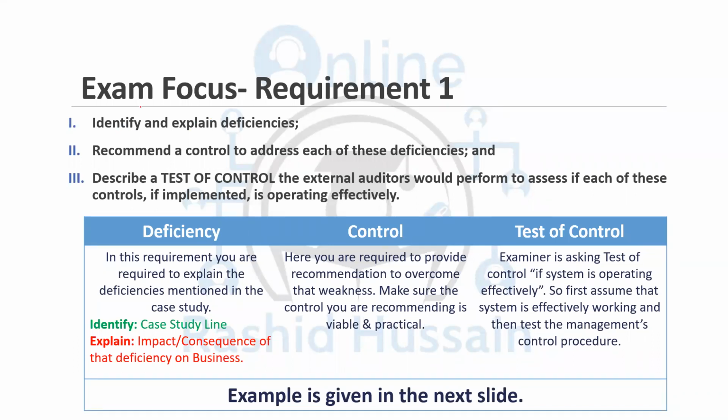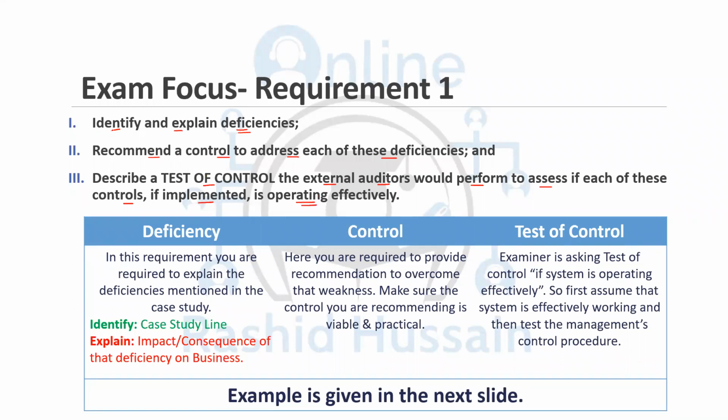The examiner asks you to identify and explain the deficiencies. The second part is recommend a control to address each of these deficiencies. And the third thing is describe a test of control the external auditor will perform to assess if each of these controls, if implemented, is operating effectively.